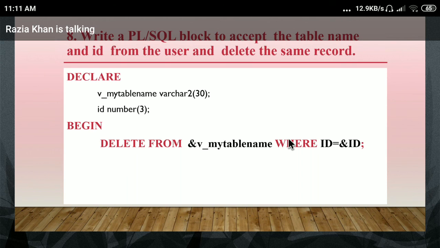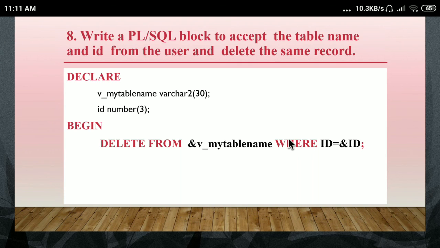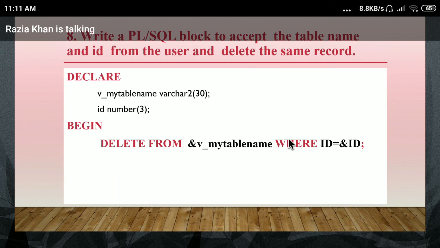Tell me the difference between drop and delete. Sometimes I ask the student to delete this record from the table, and the student says drop or sometimes delete. So tell me the difference between this.